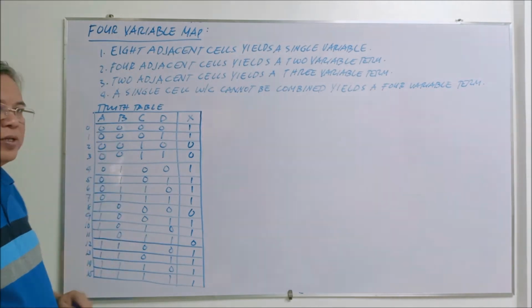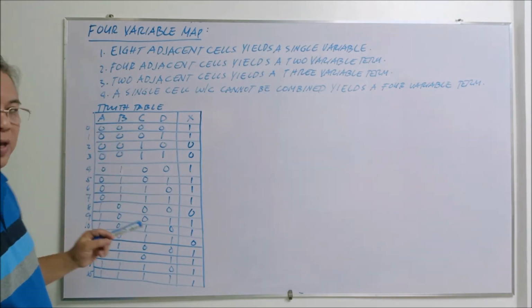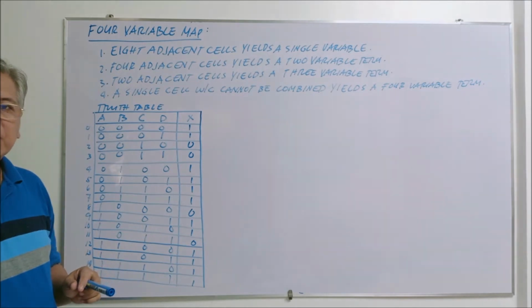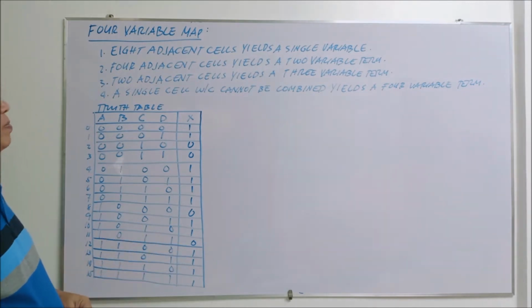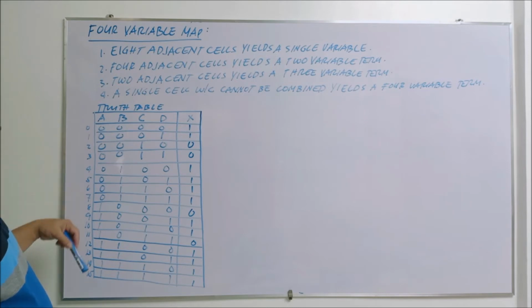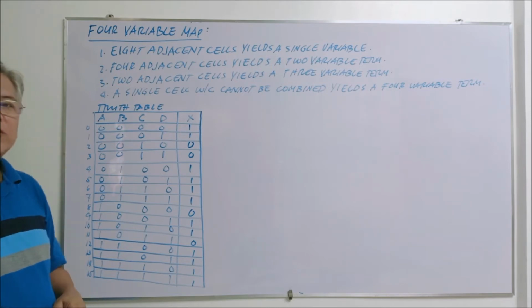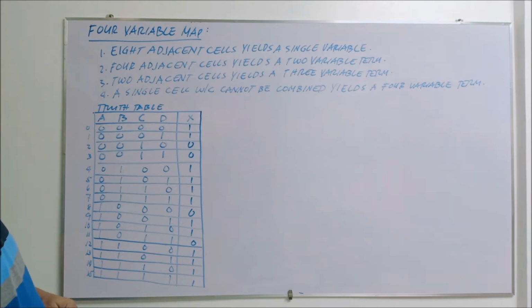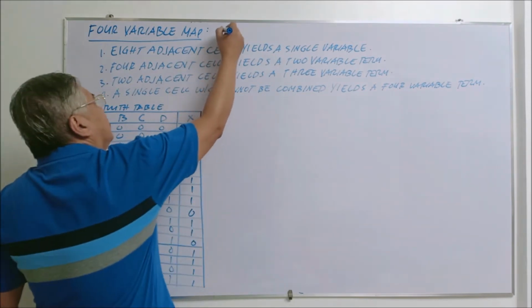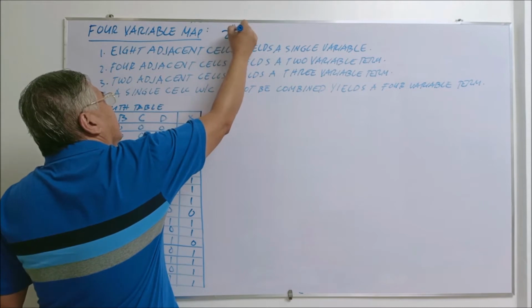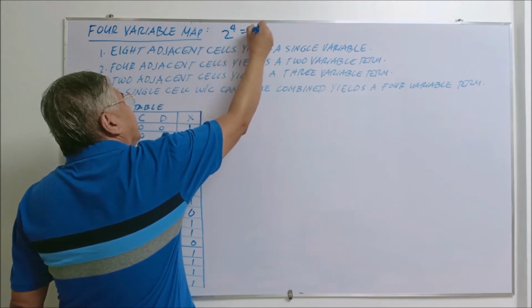The table was taken based on a particular problem. So later on, we will have a sample problem. So, how many cells do we need in order to satisfy a 4-variable map? You have 2 to the 4 is equal to 16.